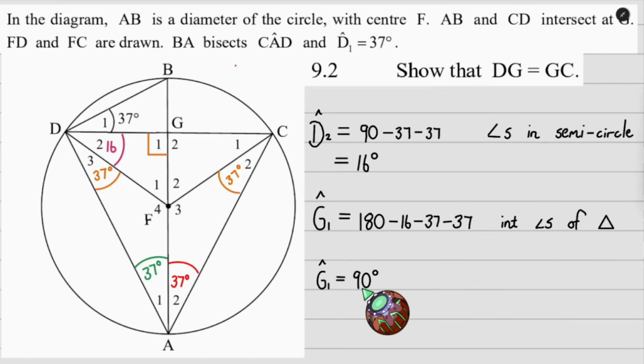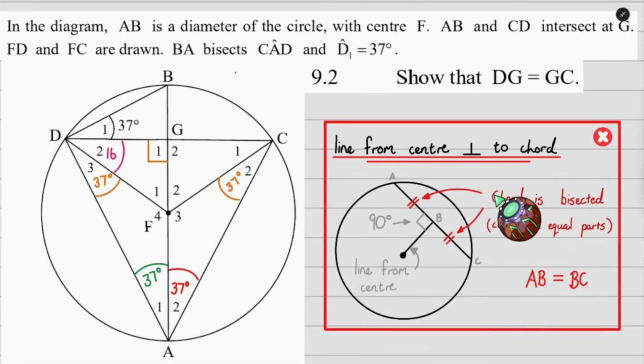And now that we have G1 to be 90 degrees, we can actually leap to our conclusion that DG is the same size as GC for the following theorem. Line from center perpendicular to chord. If I have a line running from the center that is perpendicular to my chord, then the chord is bisected.